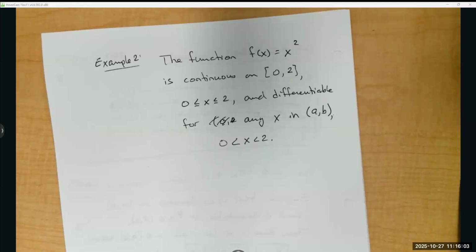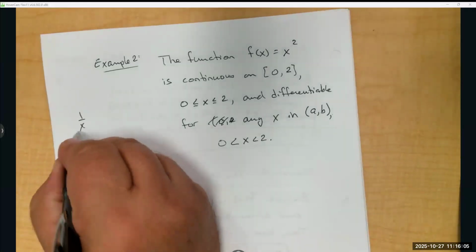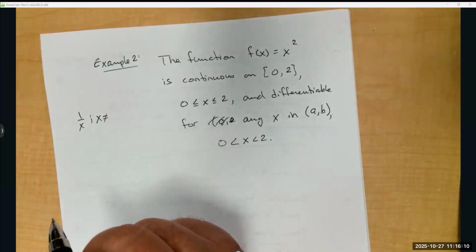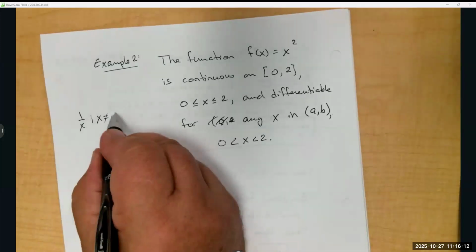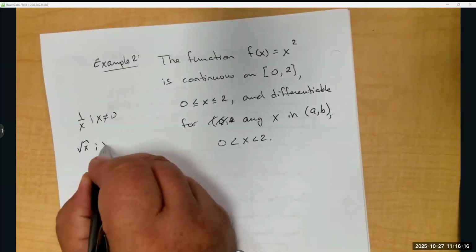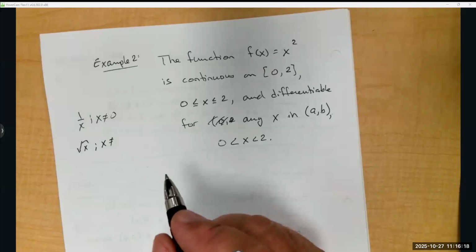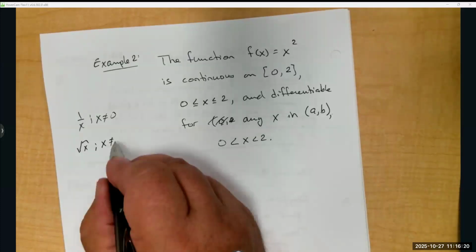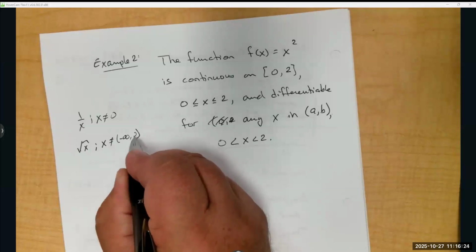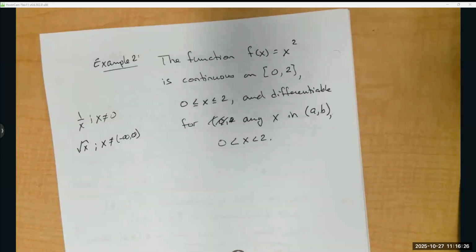For example, if we had 1 over x, what can x not equal? 0. If we had square root of x, x cannot equal what? Any negative number. So that's what we're looking for algebraically.